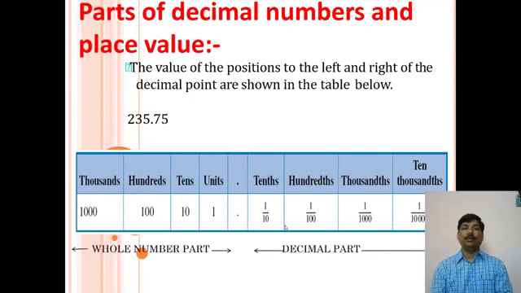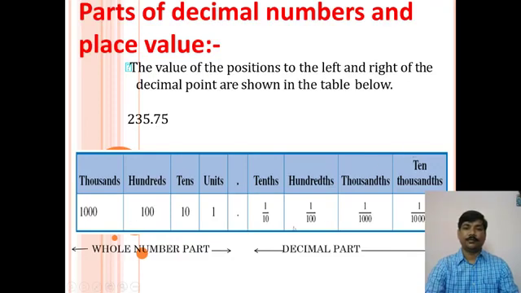Parts of a decimal number and the place value of digits. The values of the positions to the left and right of the decimal point are shown in the table below. Let us suppose this is the number 235.75.